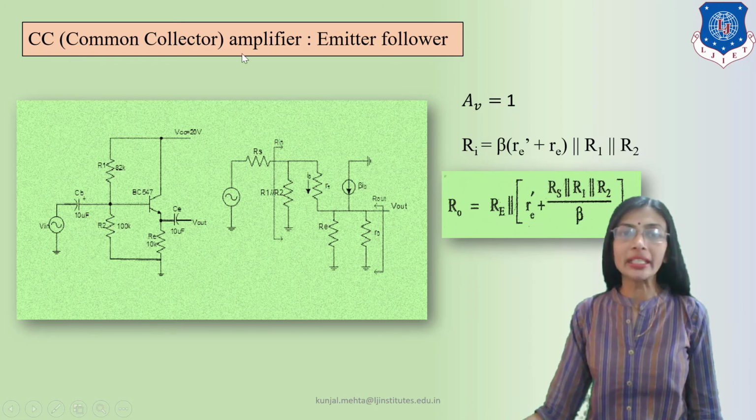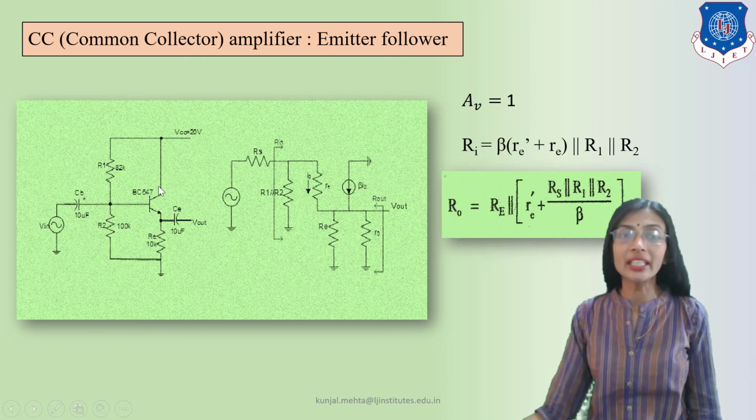This is the common collector amplifier. It is also known as the emitter follower. Again I am repeating, this is the symbol of BJT, but the collector is common to the plus VCC. Why is it known as common collector? Because there is no collector resistance. We can notice the absence of RC.